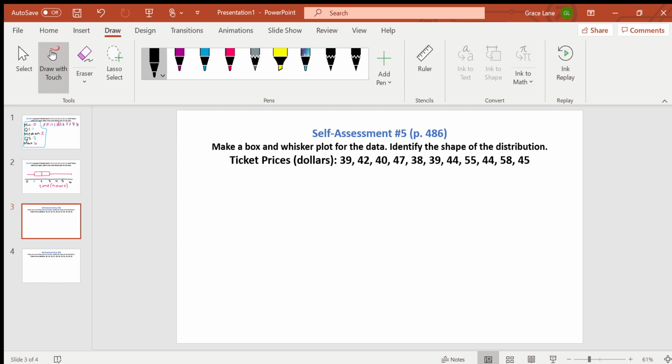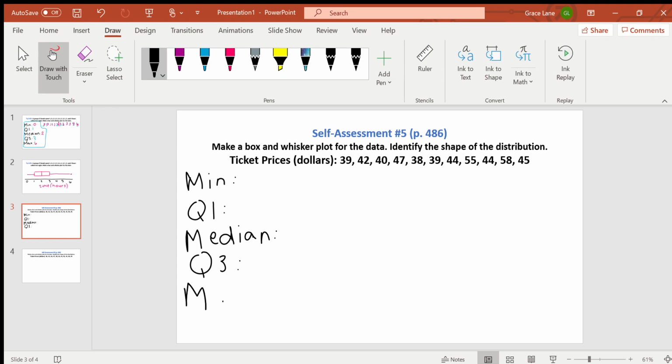You need to find the minimum, quartile 1, the median, quartile 3, and the maximum. And then put your numbers in order from least to greatest. Double check that you have everything.